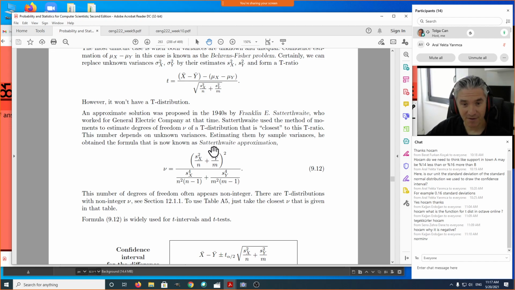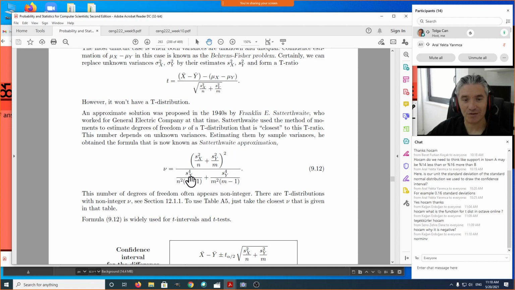But this Satterthwaite approximation is a very complicated formula for the degrees of freedom that you should use in that t distribution. We are not going to go into details of this, and you don't need to memorize this. If we ask something about this in the exam, it is going to be available to you directly.